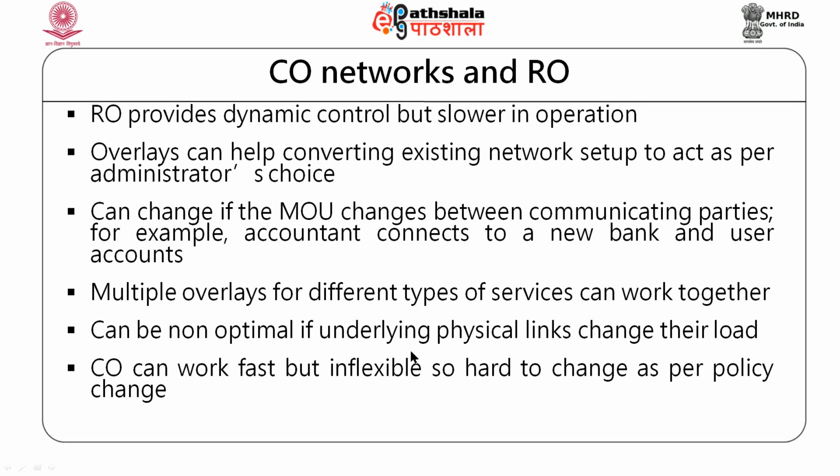Okay. They can be non-optimal if underlying physical links change their load, that is the other problem. The overlay is basically mapping to the physical network, not the physical layer. So, the overlay has designed its own path based on the physical lines connected when the overlay was established, but we know that these physical connections can completely change after a period of time, it is quite possible.